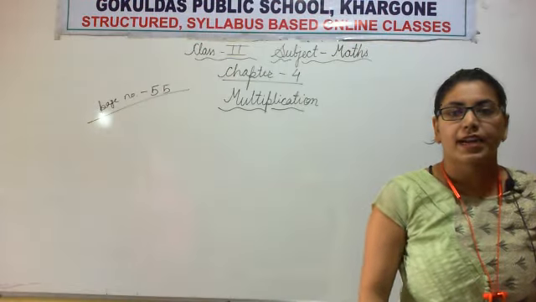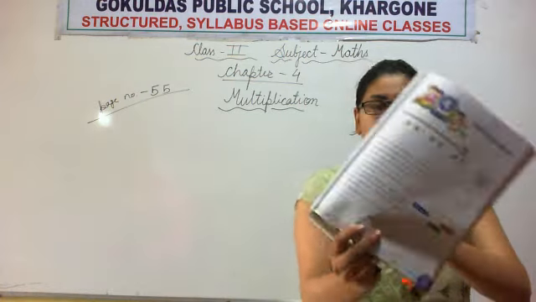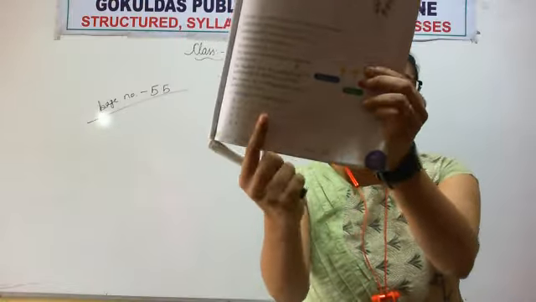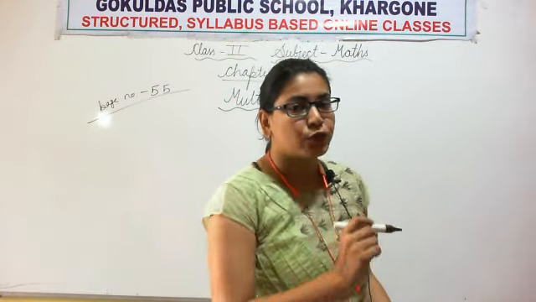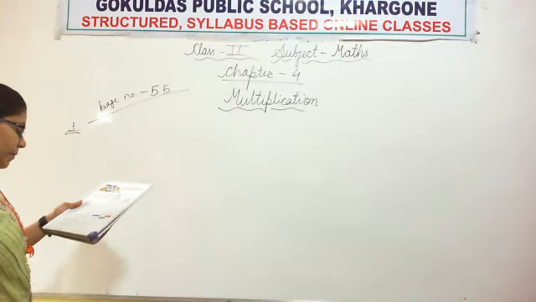Now we are going to solve the question, and this question will remain in the book only. Let's try to solve. Question number 1, multiply by repeated addition.